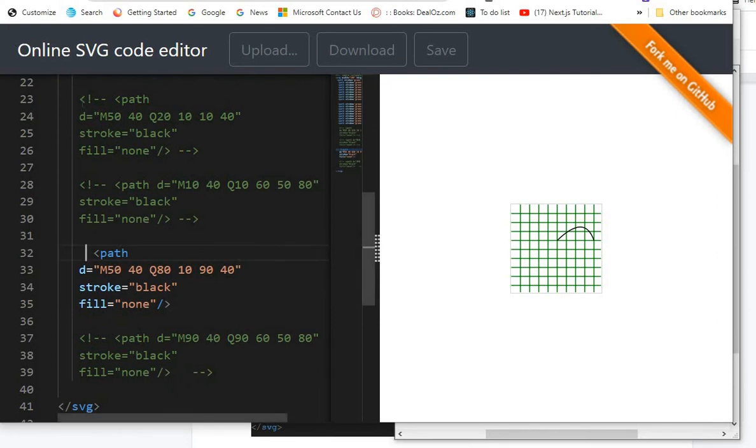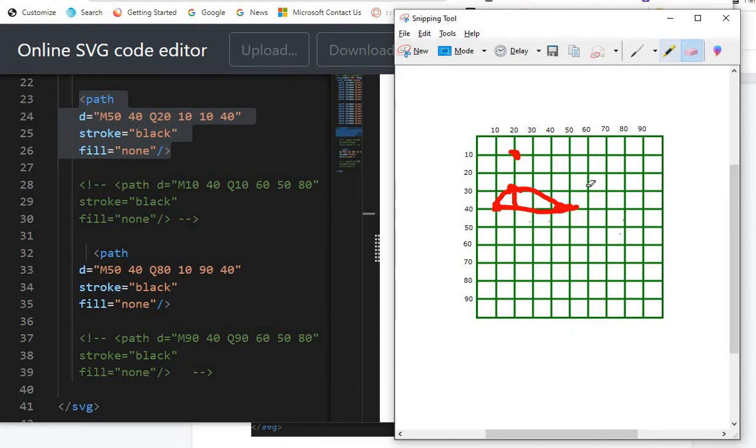Now let me show you. So the other curve, it's starting from 50 and 40. You can see the starting points are the same. If I get this one here, the starting point is 50 and 40.